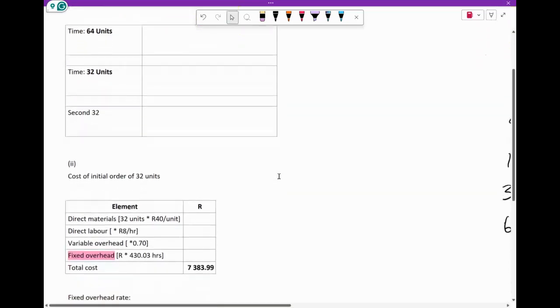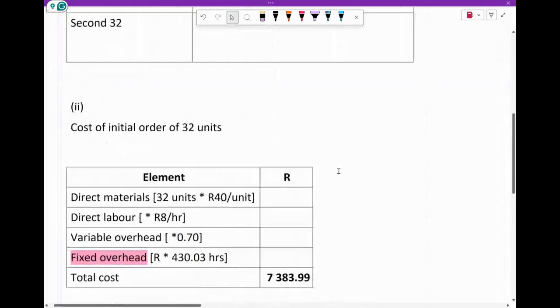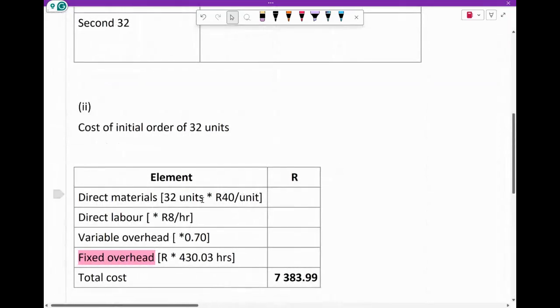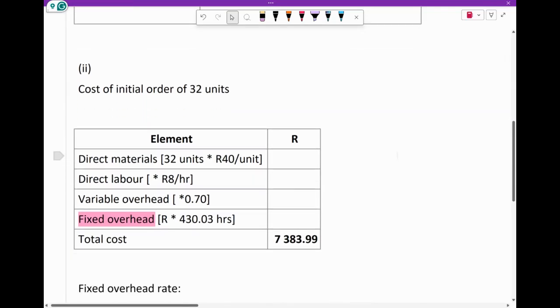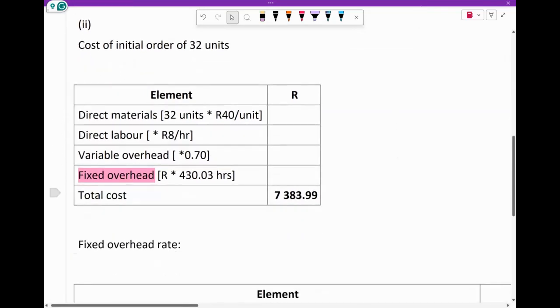So again, we just go back to what we learned in 2A. We know 32 units, times your direct material rate, which they gave us in the table. They said 40 Rand per unit.